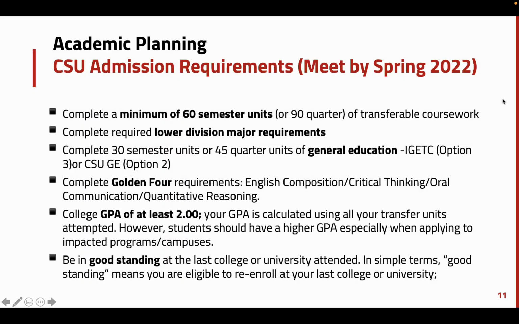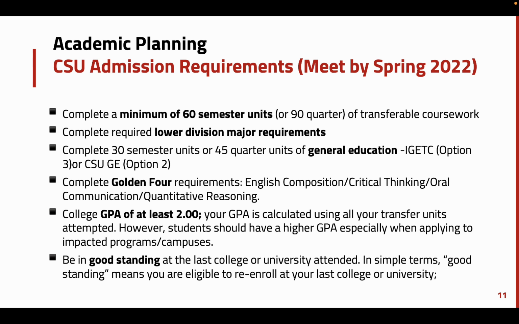In terms of academic planning, we also want you to be aware that the basic CSU admissions requirements must be met by the spring of 2022. You do not have this summer 2022 to finish up admissions requirements. So here's the basic criteria. You must have a minimum of 60 semester units of transferable coursework completed by spring.